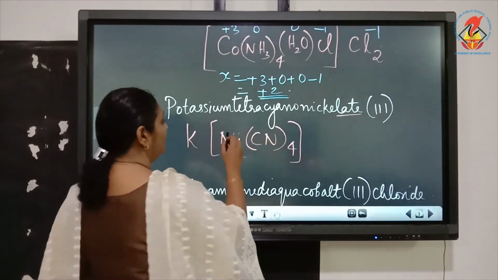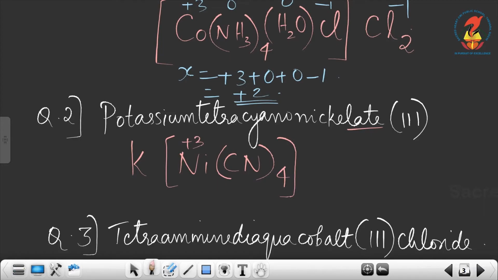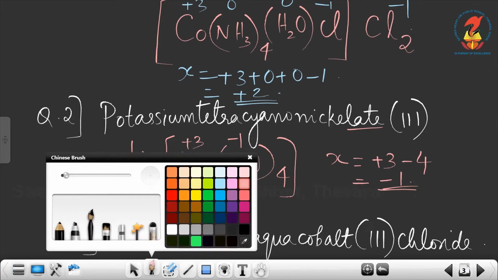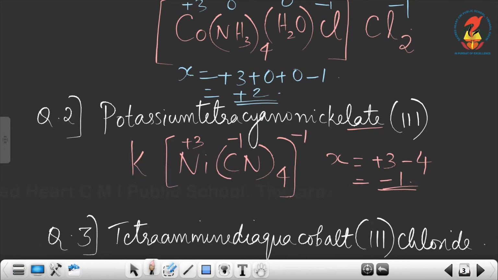So for that, nickel oxidation number is +3, cyanide ion is -1, this you don't know, so take it as X. Now find X, X will be equal to +3 minus 4, which will be equal to -1. So instead of X, I am going to write -1.